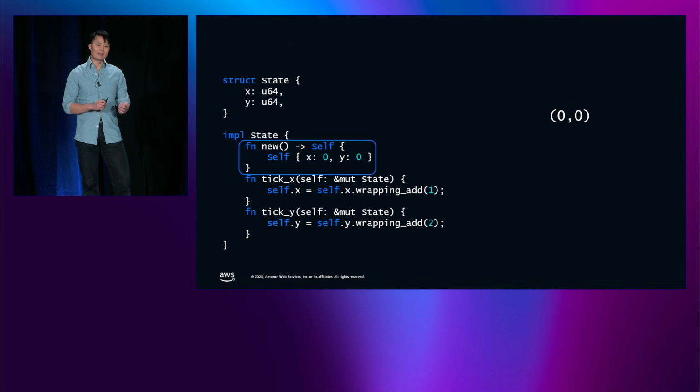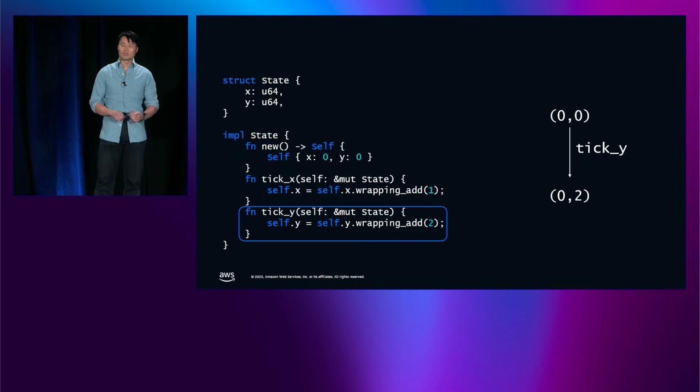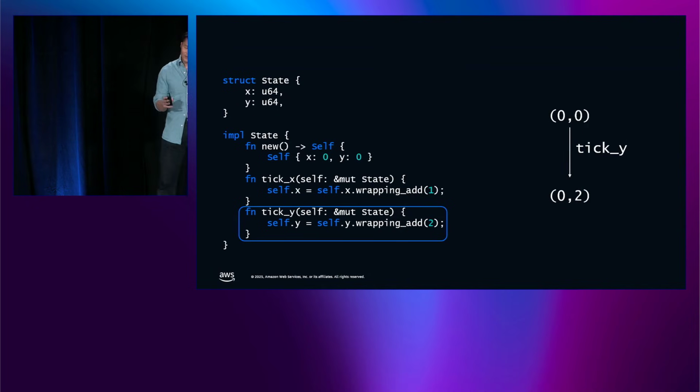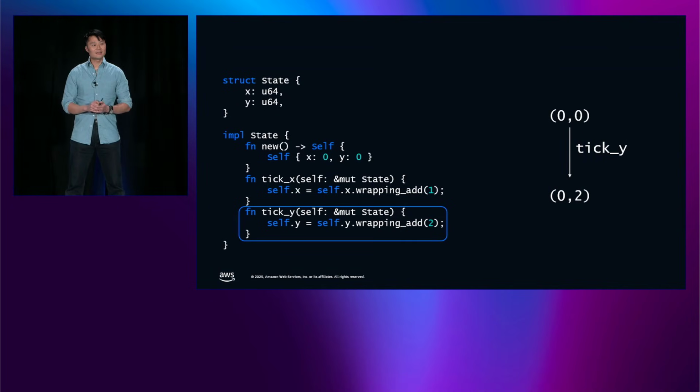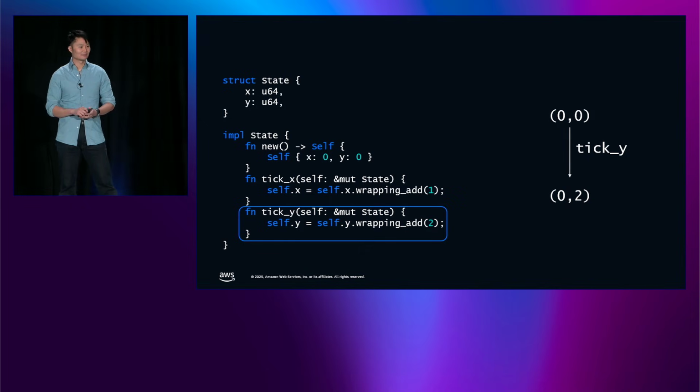Let's call new to get a fresh state, this pair (0, 0), representing the initial values of x and y, and then call tick_y, which moves us to a new state (0, 2) because of the increment in this method. Another way of looking at this is that the state (0, 0) is related to the state (0, 2) as a result of the event tick_y.